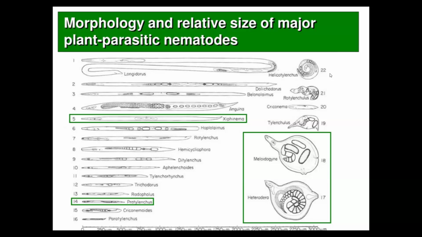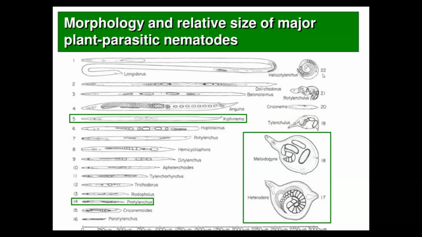Once you see a structure like this, it shows this is a pregnant Melodogine or Heterodera. And is this not the same thing with humans? If a woman is pregnant, she's not the same form anymore. So we see some of these things playing out in nature that tells us that there is more to life than we see.